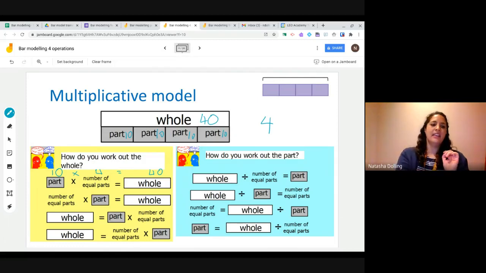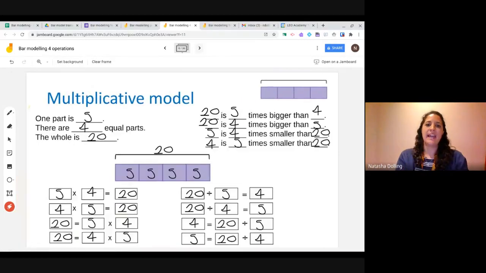And again, we've got all of these different types of equations, all of these different types of relationships with this derived fact, the number of equal parts. And now let's look at our sentence scaffolds, because they're different. One part, and here's my example here, I've got 20 and I've got my 5. One part is 5. There's my 5, there's my 5, there's my 5, there's my 5.